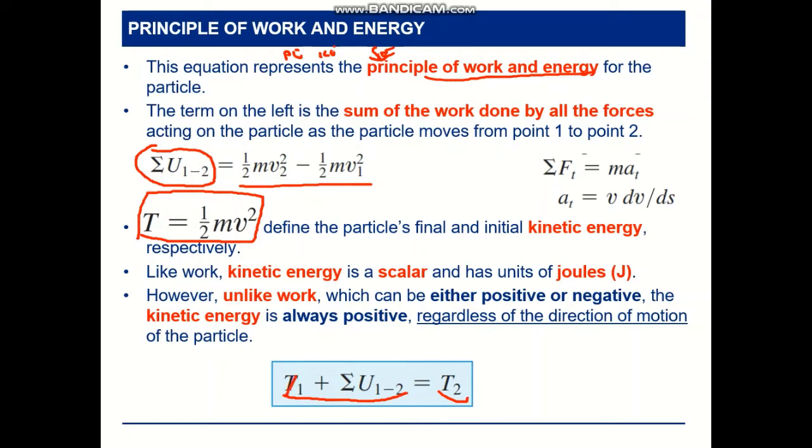Let's say we have one particle at rest, so the kinetic energy at the first point is 0. We have a potential energy, so you write here mgh, whatever it is, which is equal to the change, here 1 over 2 m v2 squared. Whatever potential energy is consumed is exchanged into kinetic energy.